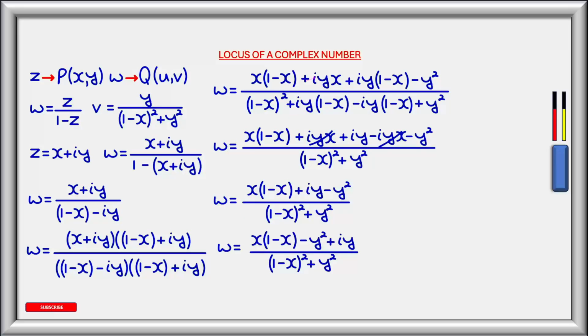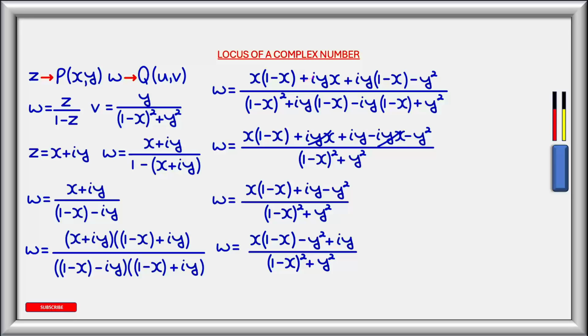And grouping the real and imaginary parts in the numerator, we have w equal to x into the bracket of 1 minus x minus y squared plus iy divided by (1 minus x) all squared plus y squared. And we know from the question that complex number w is represented by the point Q. And we want to find an expression for v, which is its imaginary part in terms of x and y.